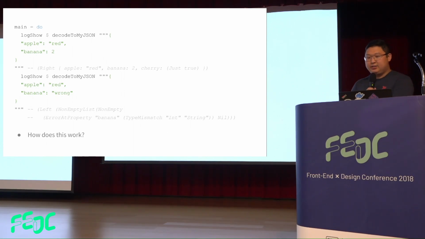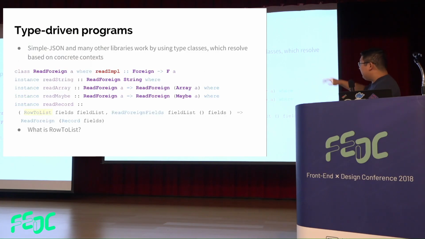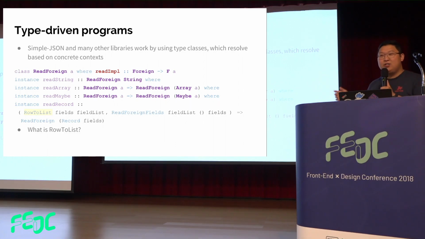So how does this actually work, right? This works with type-driven programs. If we can work with the concrete type that's available in our context, we can always derive some kind of routines from that. So if I had the type class ReadForeign for some given type A, and I have a readImpl function, then I can read the JSON, or read from some foreign JS object into my type.